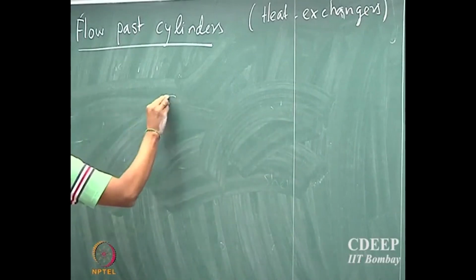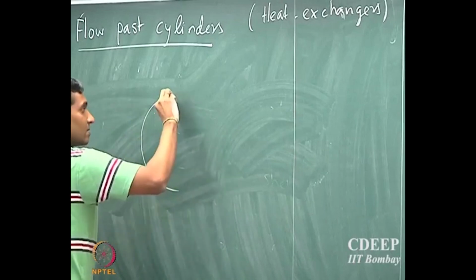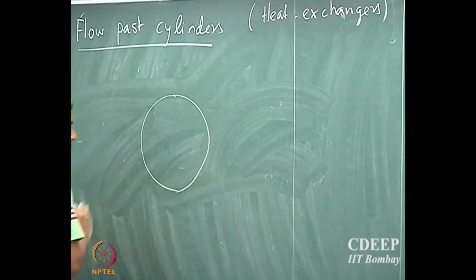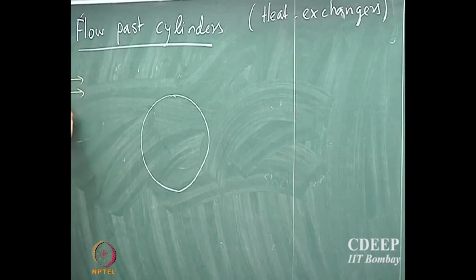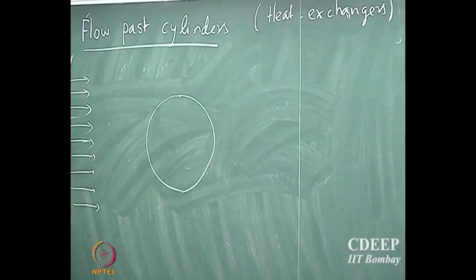So suppose I take a cross section of the cylinder, any cross section, and let's say that there is fluid which is flowing past this cylinder, okay. Let's say V is the upstream velocity, which is the velocity very far away from the cylinder.